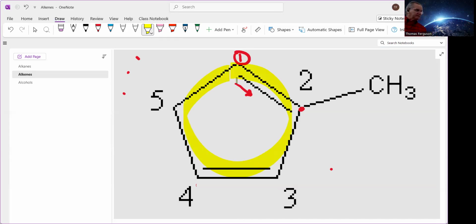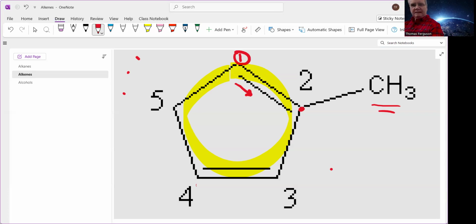So that's automatically the backbone. Let's number this now. We start at carbon number 1 and go into the double bond. We've got a methyl group at carbon number 2, and then the second double bond is on carbon number 3.